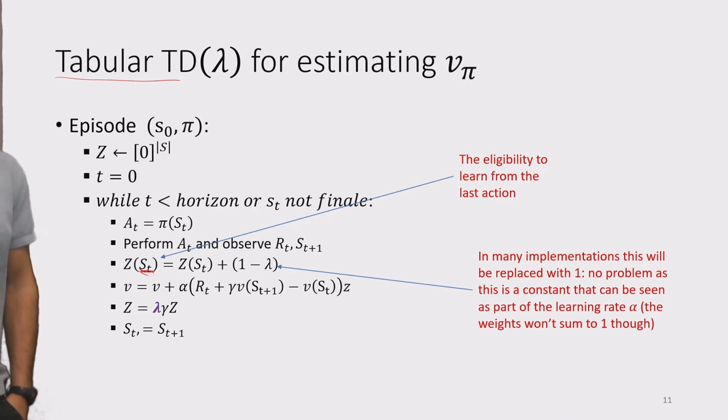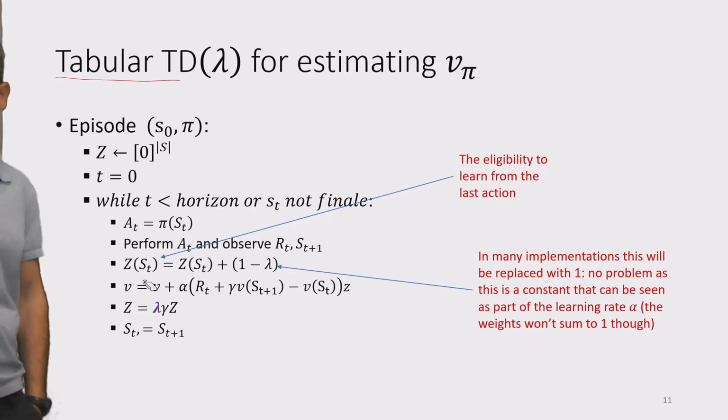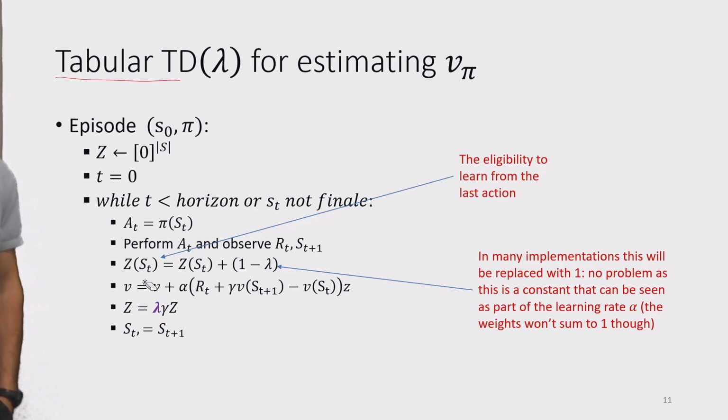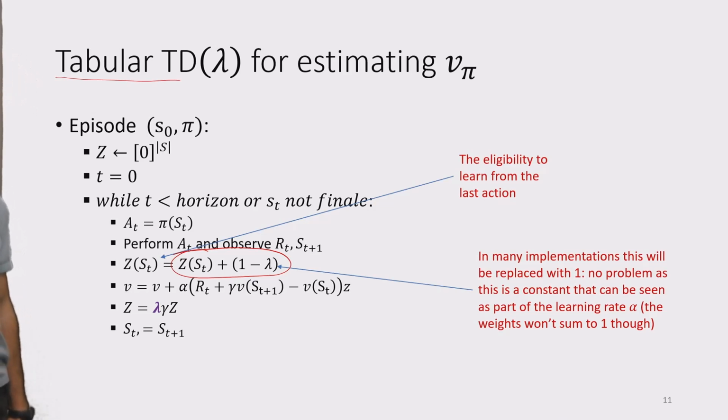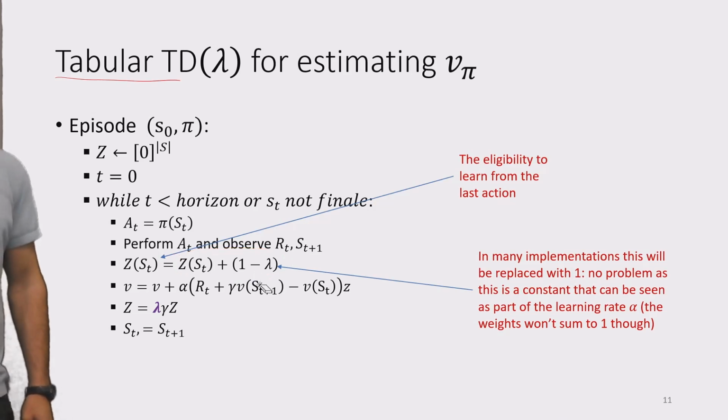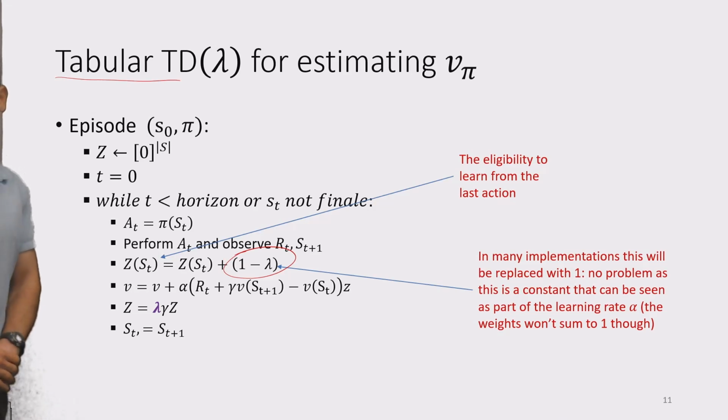We'll update that value for the state that we just visited at time step t, s_t, right? And we'll update this value based on the weight values that we defined in the previous slides. Now, in many implementations, if you look at those online, or in other publications, the 1 minus lambda might be replaced with 1 instead of 1 minus lambda.